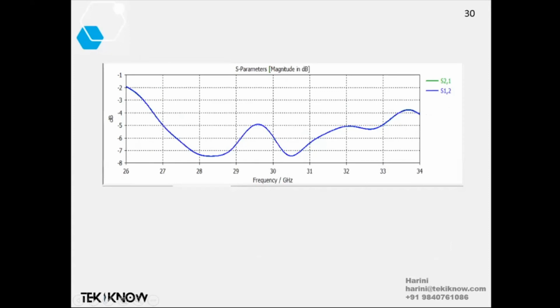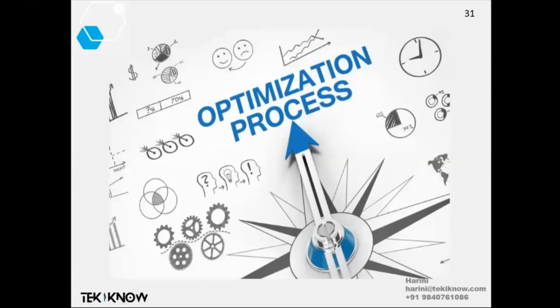After this, the final step after designing is optimization. Optimization is the main thing. Now I designed it one week before, that's why I could give you a result in half an hour. If you are designing for the first time with the calculation, that calculation will only give an approximate value.